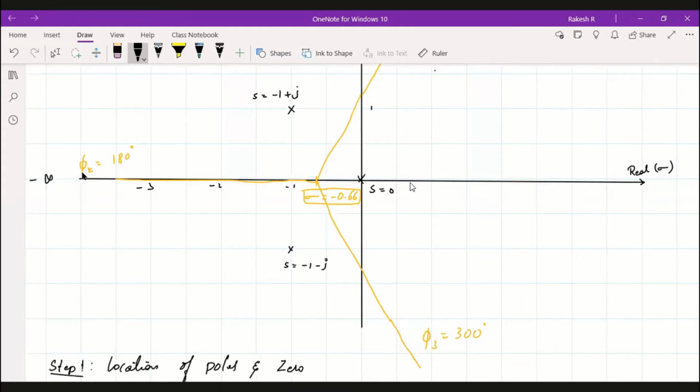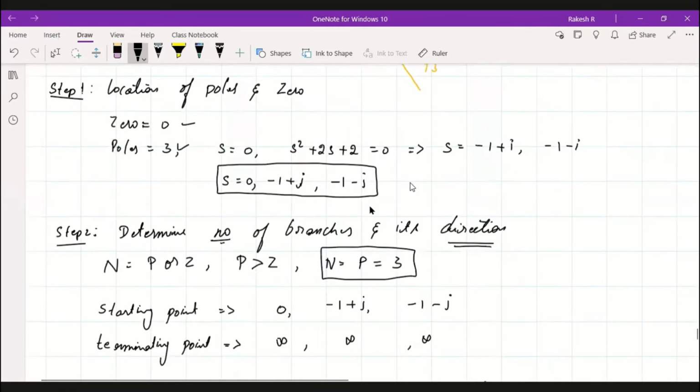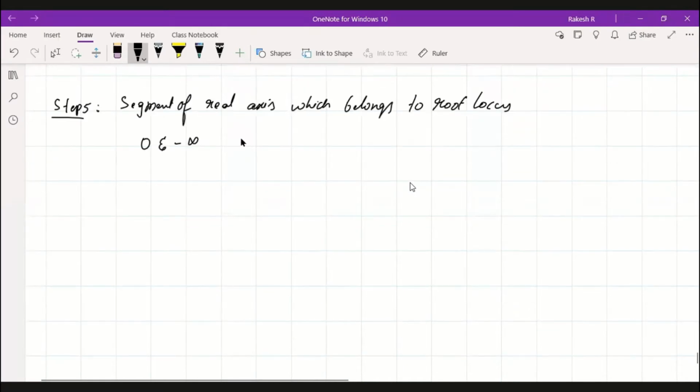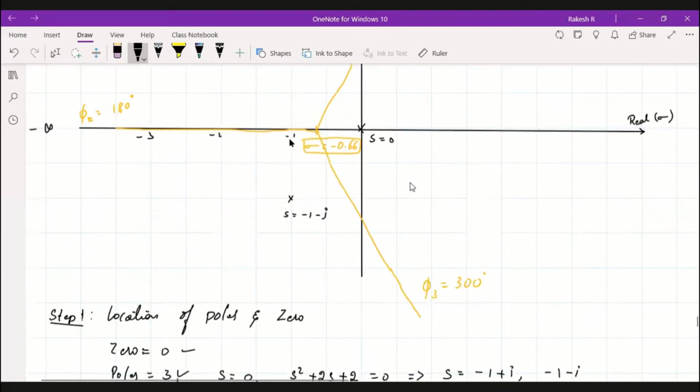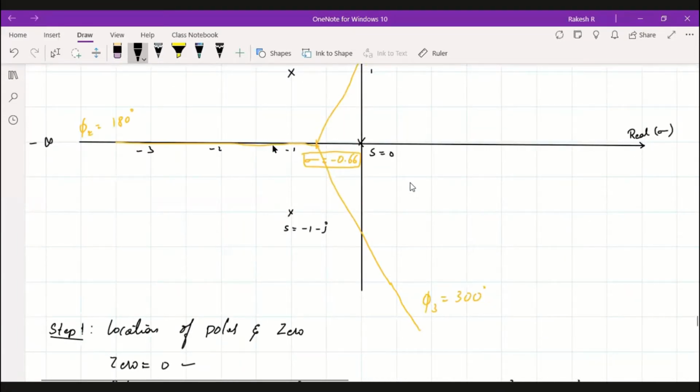So what we need to do is cover up the left-hand side, that is minus infinity here, and towards the right of this, how many poles plus zeros are there? When I cover towards the left of the infinity, how many poles and zeros are there towards the right?